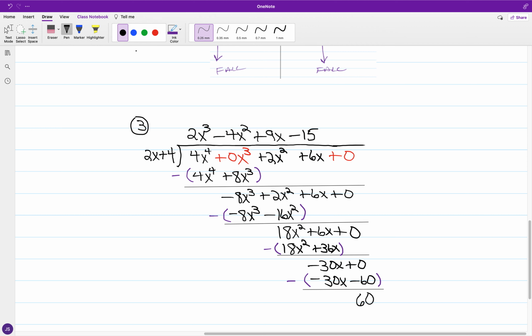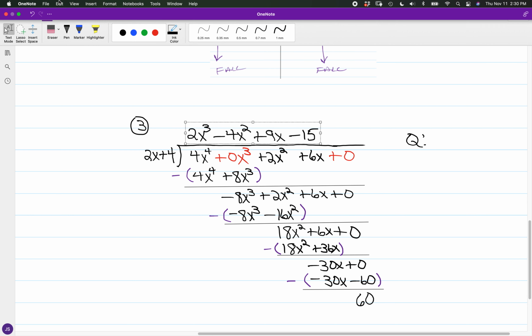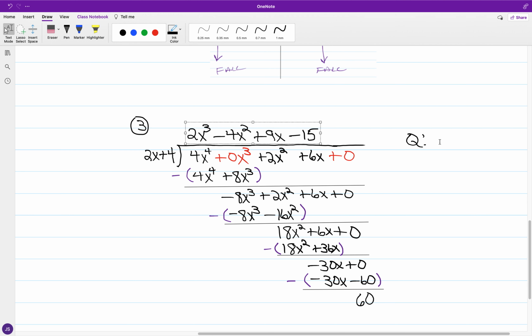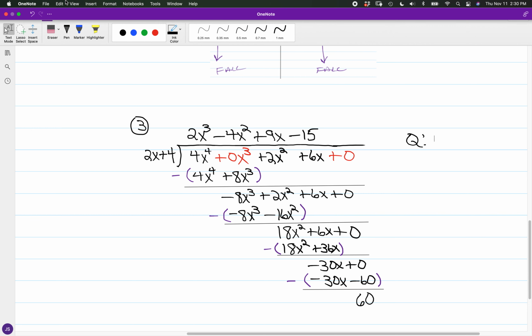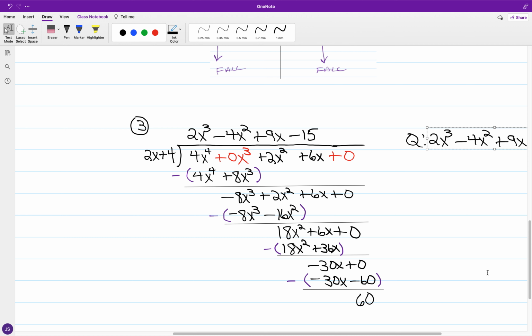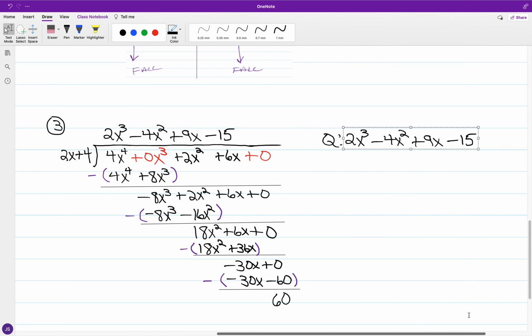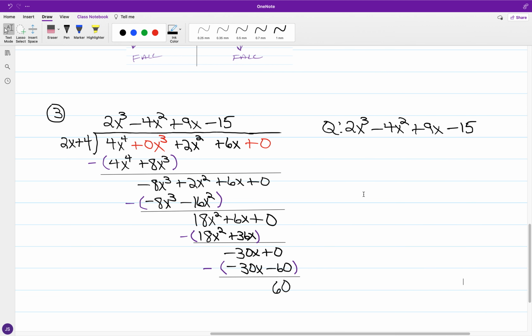All right, so for the quotient and the remainder, the quotient will be how many times the divisor goes into the dividend. So you got the quotient again, that's going to be 2x cubed minus 4x squared plus 9x minus 15.